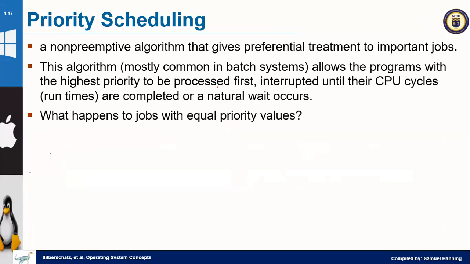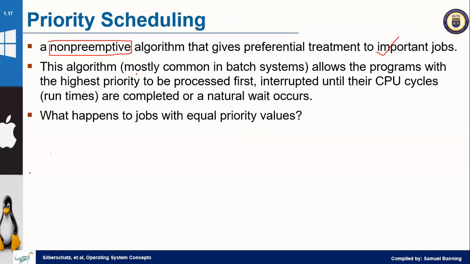Now, this is a non-preemptive algorithm. This is the third algorithm that is non-preemptive. If you look at the first two, first come, first serve, the shortest job next, and now the priority scheduling algorithm. This algorithm gives preferential treatment to important jobs. The priority determines the importance.